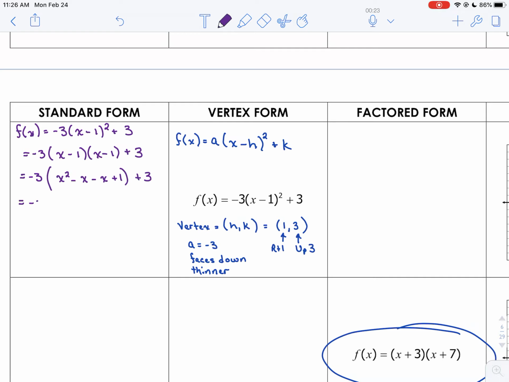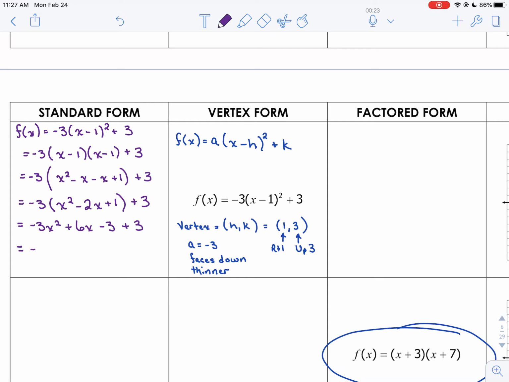Combine like terms, which gives us x squared minus 2x plus 1, plus 3. And then I need to distribute that -3 because our goal is to get this back into ax squared plus bx plus c. So that's going to be -3x squared plus 6x minus 3, and then plus 3 on the end here because that +3 just carries down.